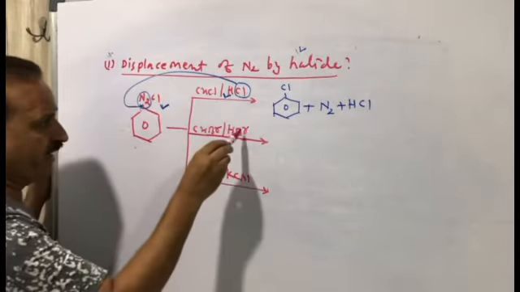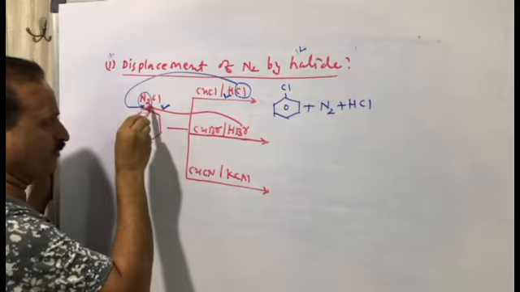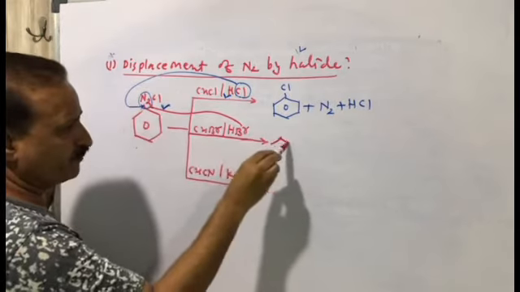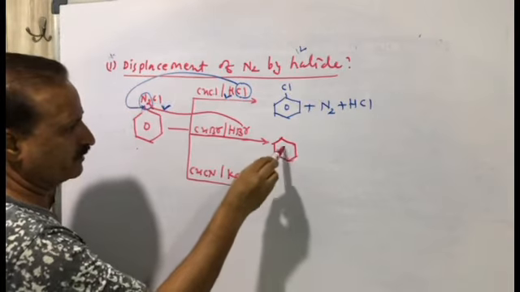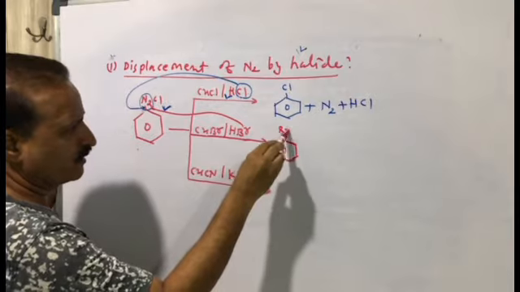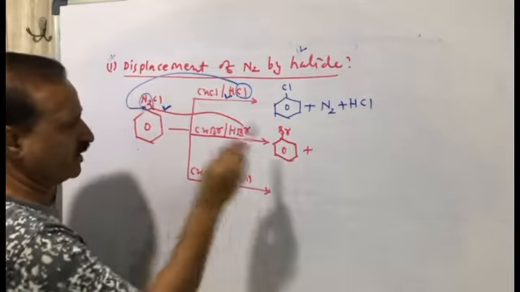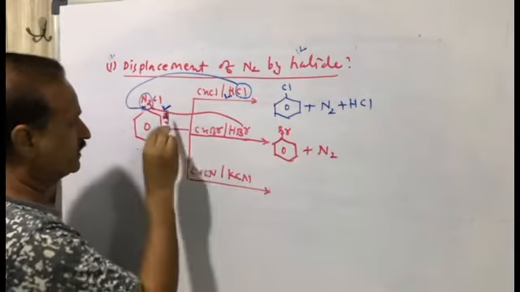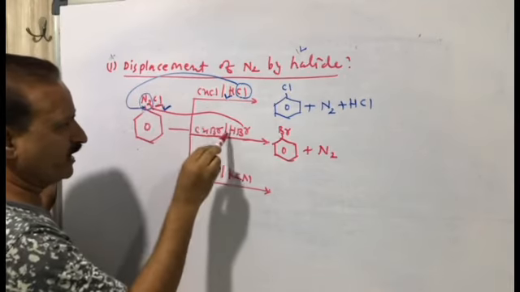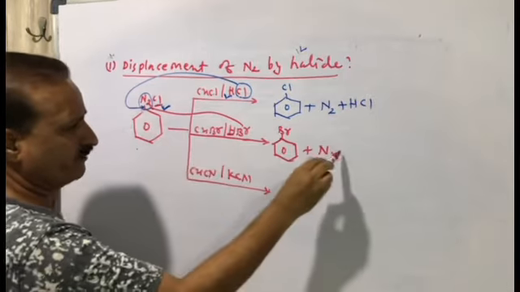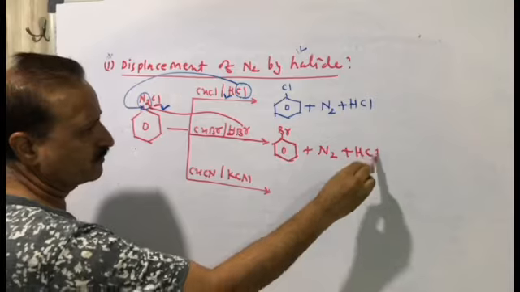So Br will attach instead of N2, and we are having bromobenzene. Clear? Then we are having N2 gas, and this Cl will react with this H and we are having HCl.